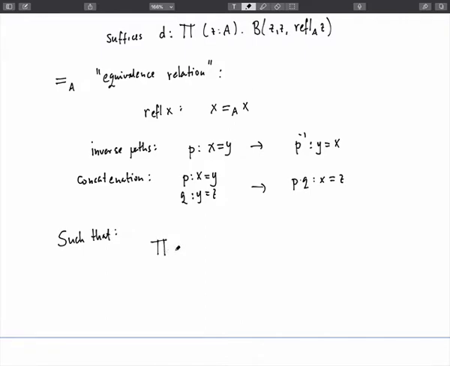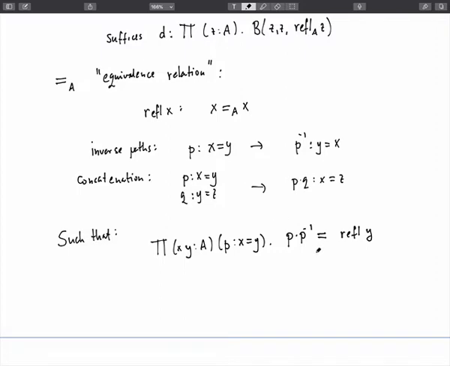For every x, y in A and a path p from x to y, we have, for instance, that p times p to the minus 1 is refl, let me get this right, this one ends at y, so it's going to be refl y, yes?